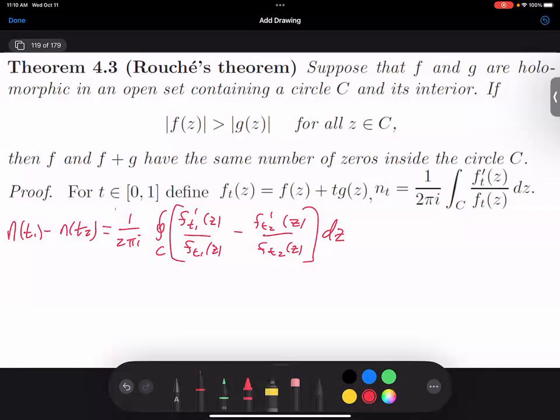So substitute, show continuous, and then we have a continuous function. We're integrating it over a curve of finite length. And if t1 is close to t2, what should be true?